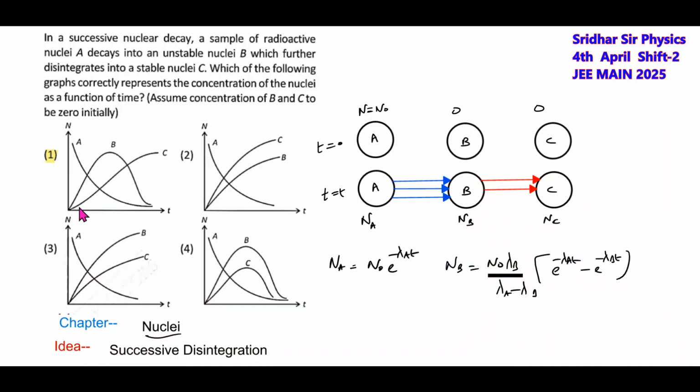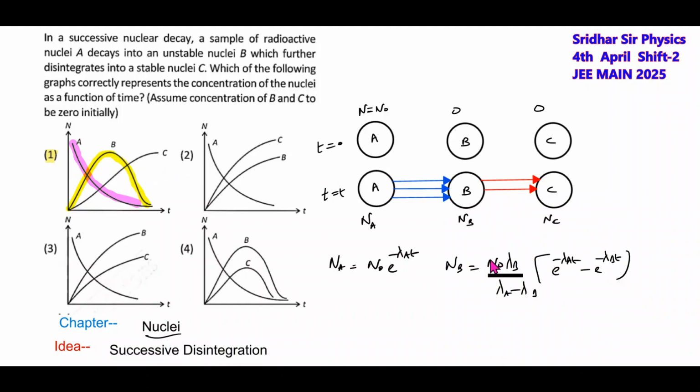Nb will be increasing, become maximum, then decrease. A should exponentially decrease. And the number of molecules of C should increase with time. So this will be your possible graph.